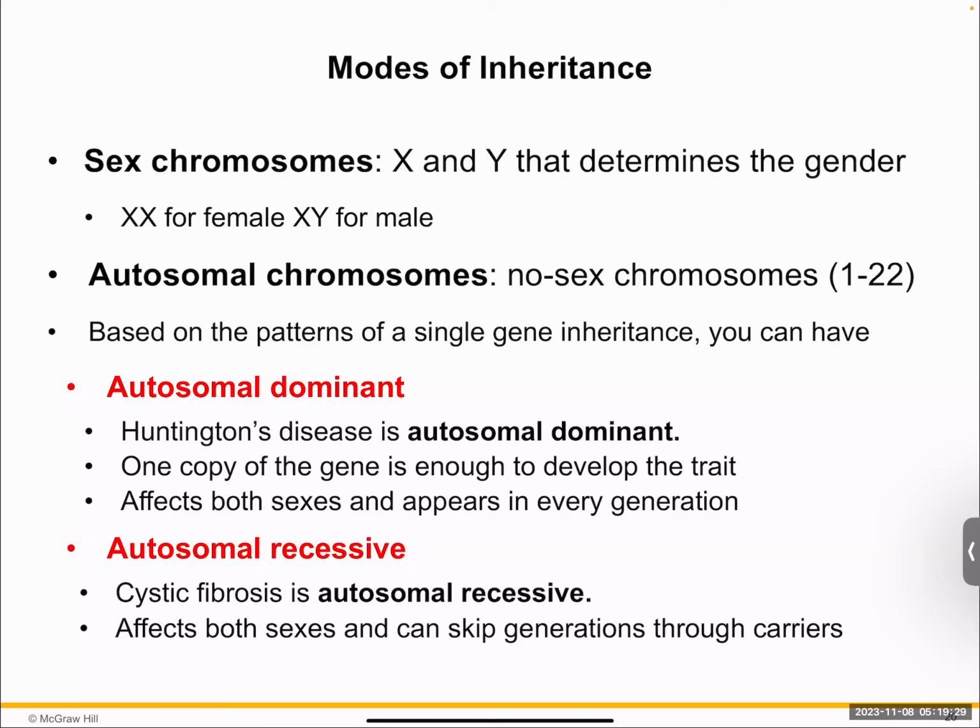So when we're looking at sex chromosomes, you have a specific inheritance pattern that comes from the X and Y chromosome. Now, we have a full lecture right after this one about the X-linked genes.